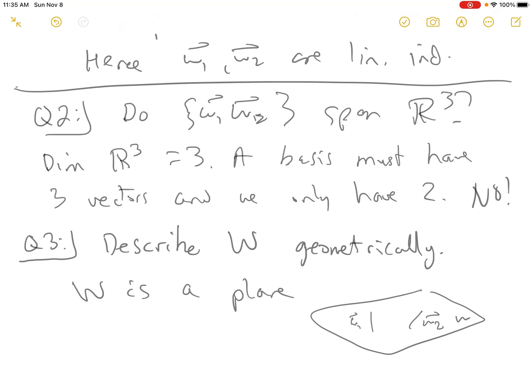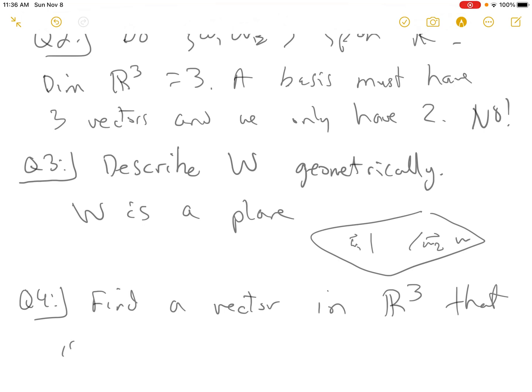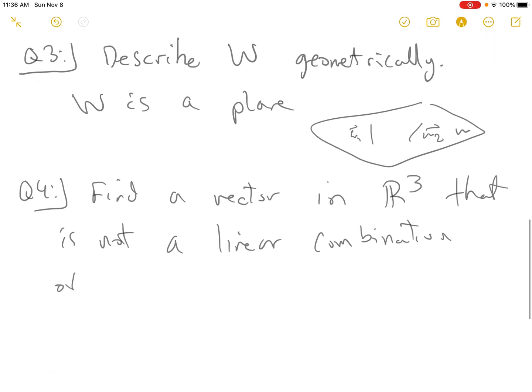Okay. So, maybe I don't believe you. Here's question 4. Find a vector in R3 that is not a linear combination of W1 and W2.